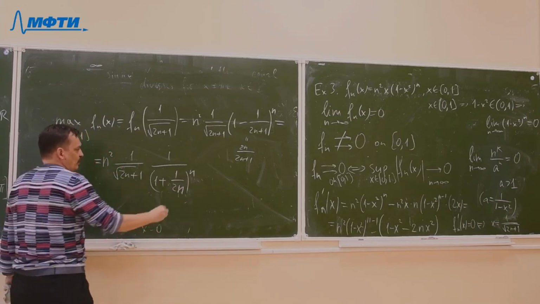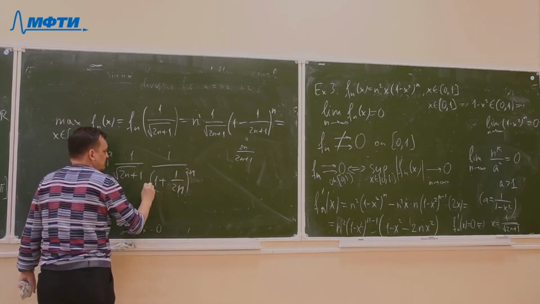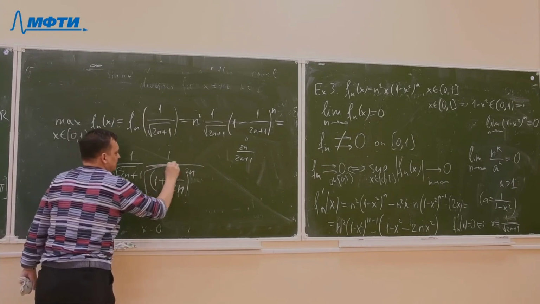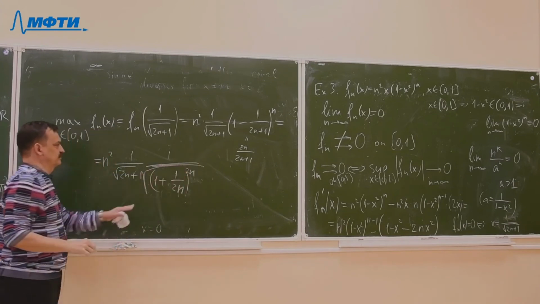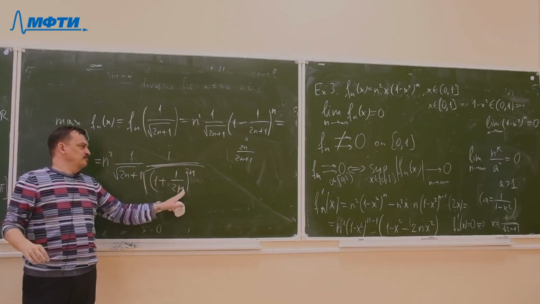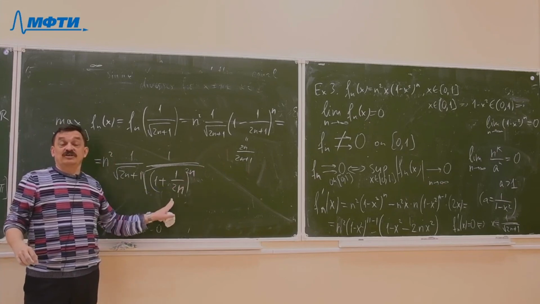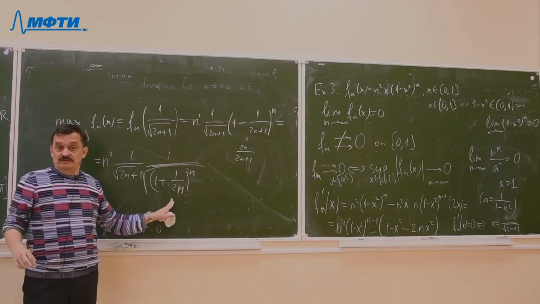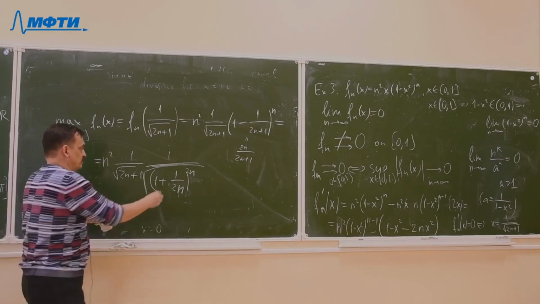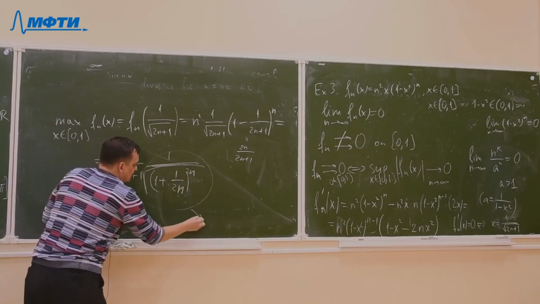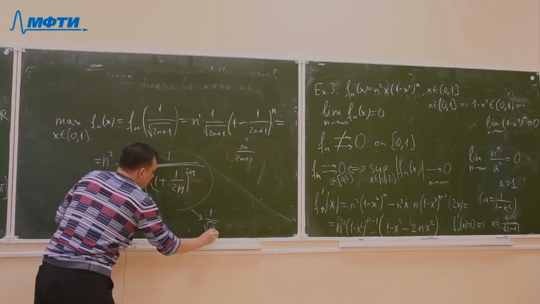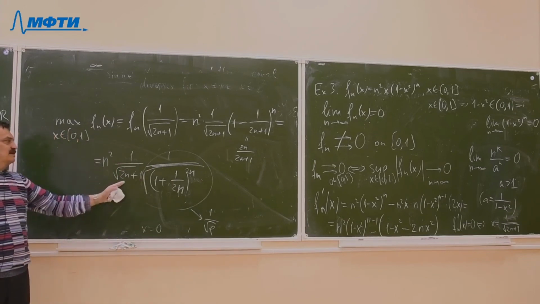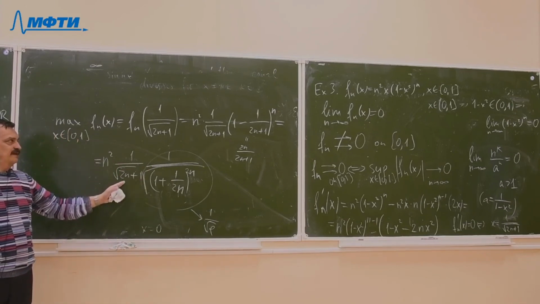And we know, I'll put here 2n and a square root: (1 plus 1 over 2n) to the power 2n tends to the number e. So this tends to 1 over square root of e, and the other factor tends to infinity, right?